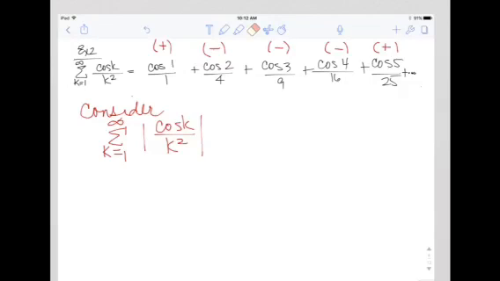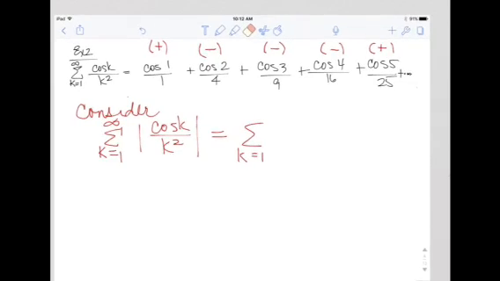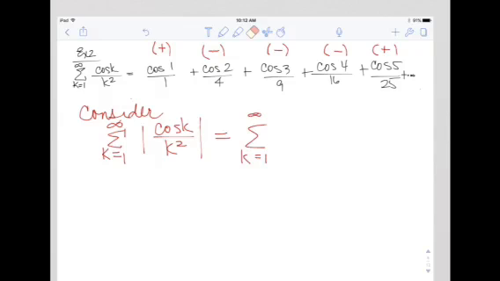The absolute value bars will not affect the k squared because k squared is always positive, so we can pull the k squared out of the absolute value bars. Now, what do you know about the cosine of k in terms of its potential values?